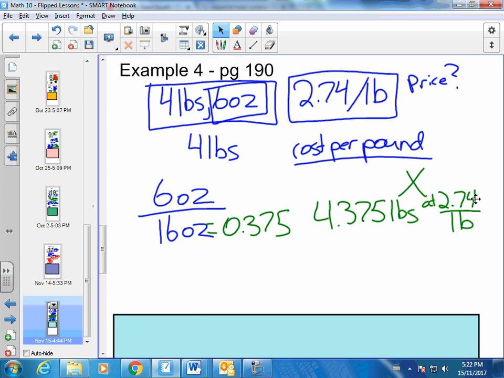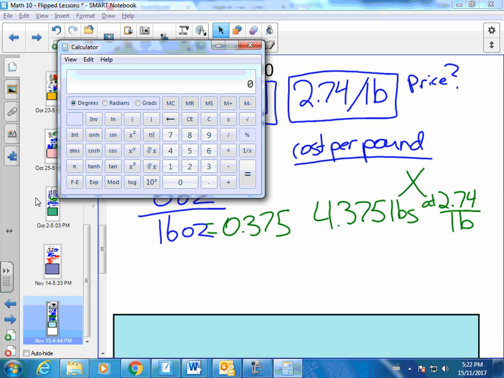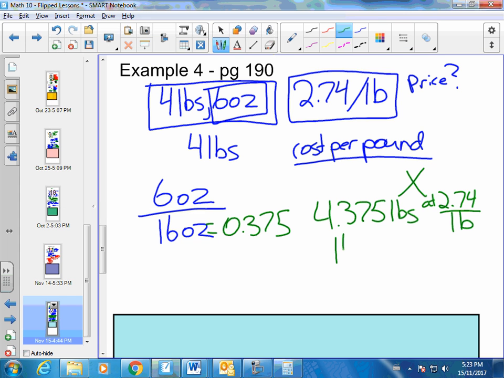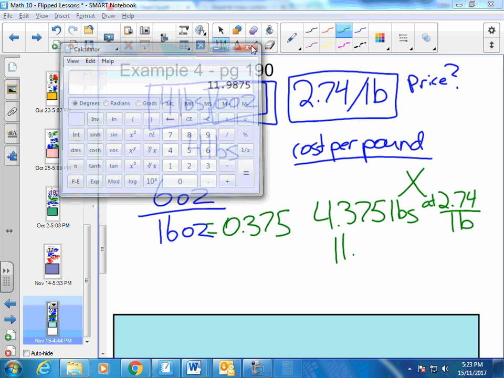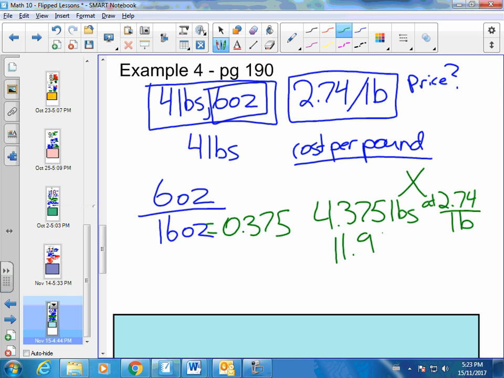I'm going to pull up my calculator. 4.375 times 2.74 gives me a total of 11.9875. Okay, that is the total price she paid.